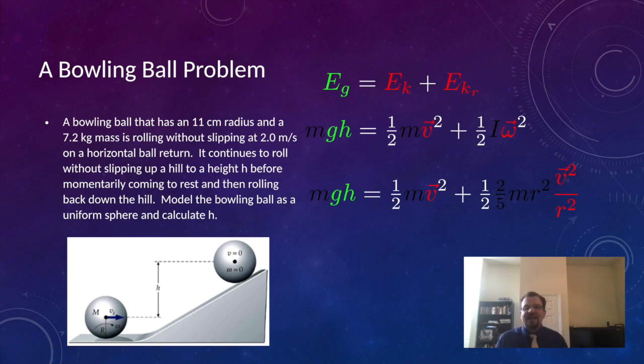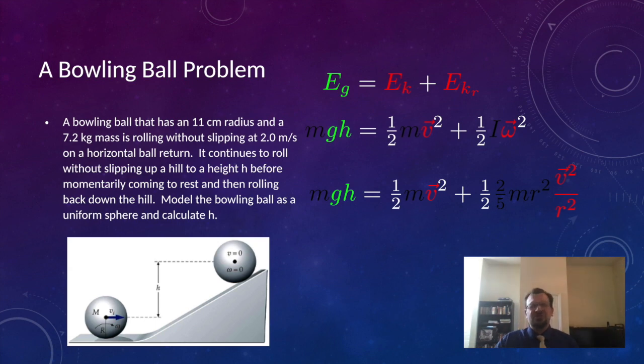So it's getting worse and worse and messier, but we can still handle this. So mgh equals 1/2 mv squared, that hasn't changed, plus 1/2 times that moment of inertia for a sphere, which is 2/5 mr squared, times the velocity squared over the radius squared. So remember how back then I said that you don't have to worry about things canceling out?